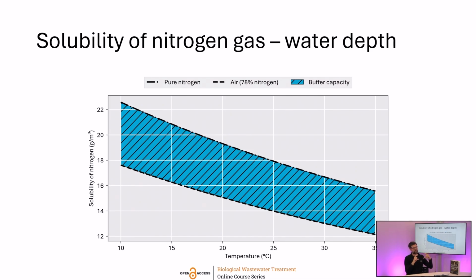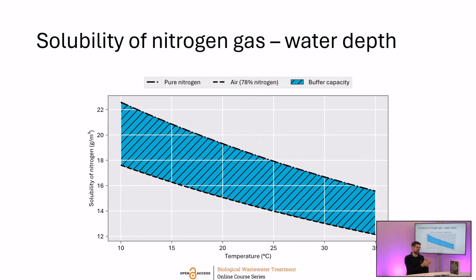That area in between is kind of your deficit, which is not actually the correct word, but we are used to talking about deficit in aeration. It's the buffer capacity of your reactor. And as you can see here, that's only like 4 or 5 milligrams per liter. But we converted 20 milligrams per liter of nitrogen into nitrogen gas. So there is kind of a mismatch there.